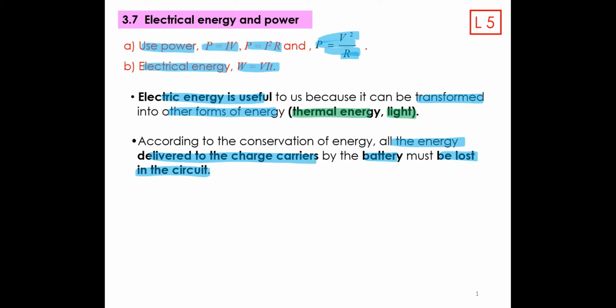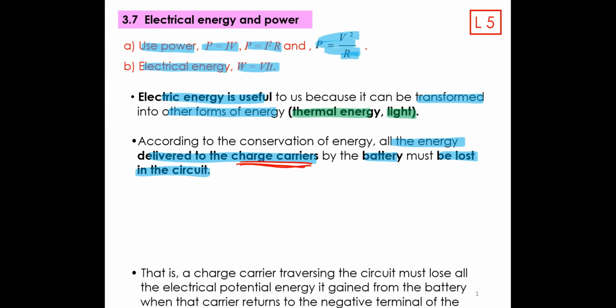The charge carriers refer to the electrons flowing in our circuit. So once the electrons flow in the circuit, energy will be lost in the circuit, which is usually related with the voltage drop.